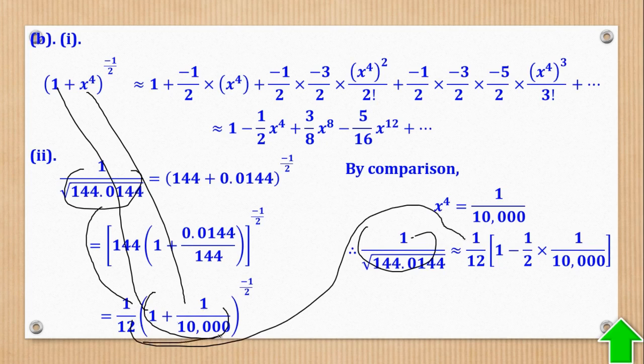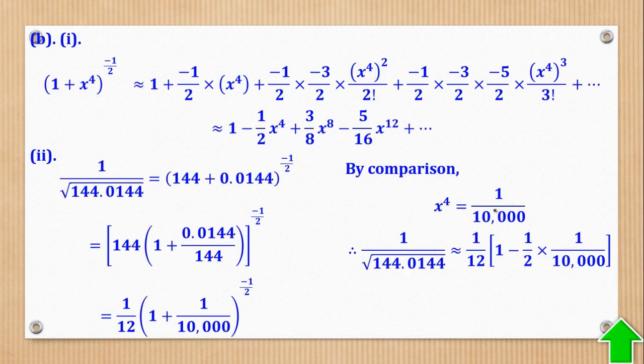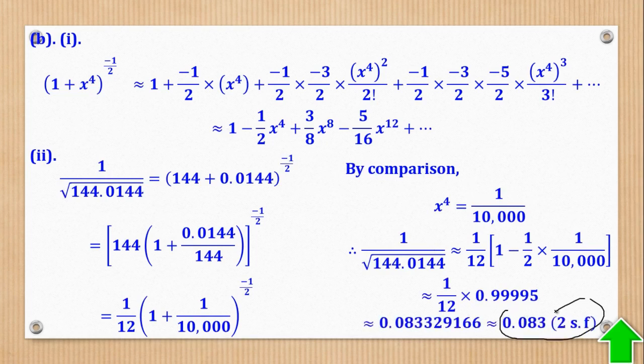Then this one will be got from this expansion. But they told us to use the first 2 terms, which is 1 minus a half times x power 4, which is that. Then from there, use a calculator and round off to the required significant figures.